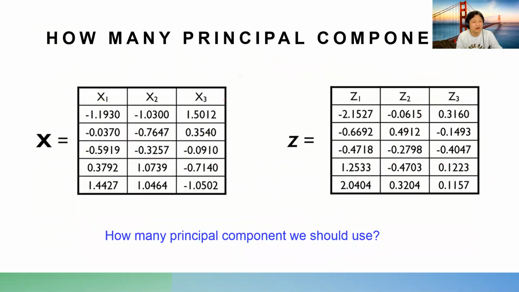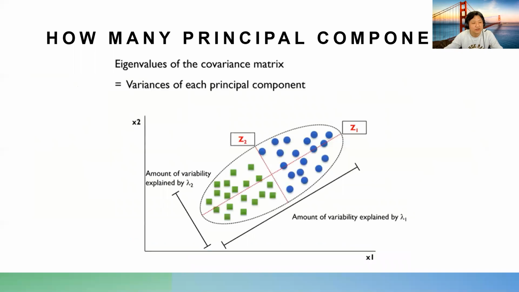Now, theoretically, we can extract as many components as the number of variables, right? But how many principal components should we use? We extracted 3 components, so how many do we need to use? Here's an example.